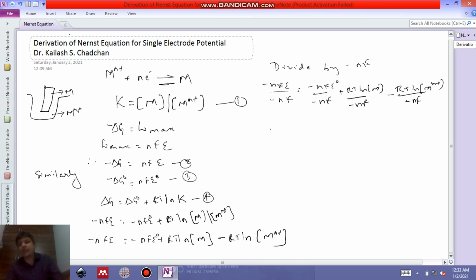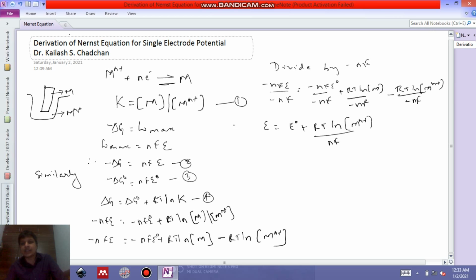So when we divide the whole equation by minus nF, what we ultimately get is E equals E naught plus RT ln concentration of Mn+ divided by nF.